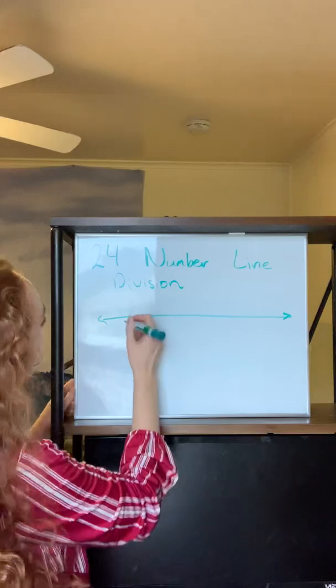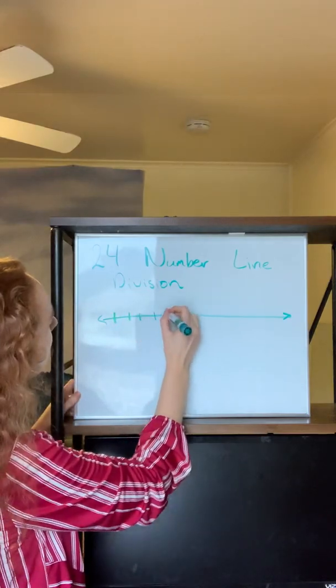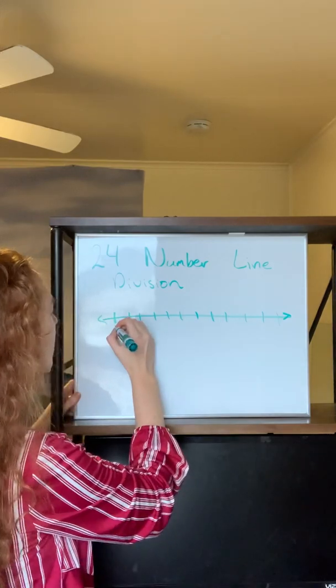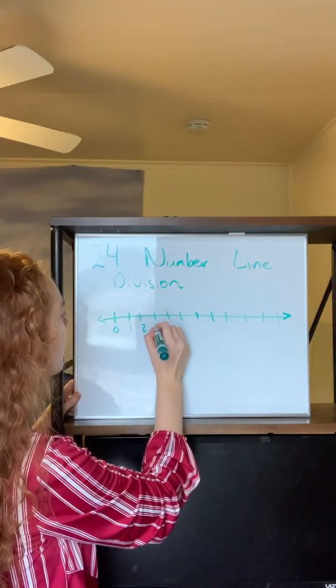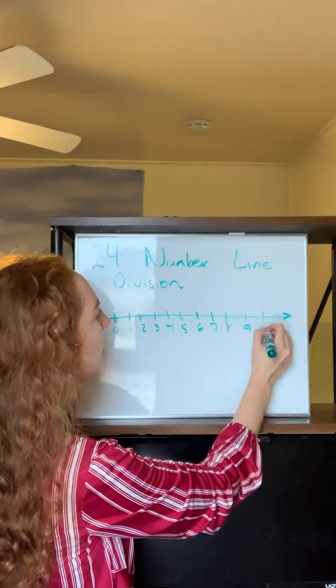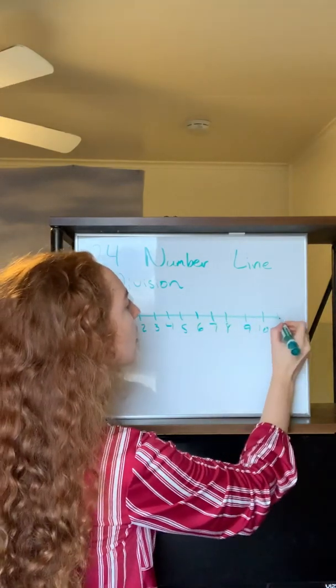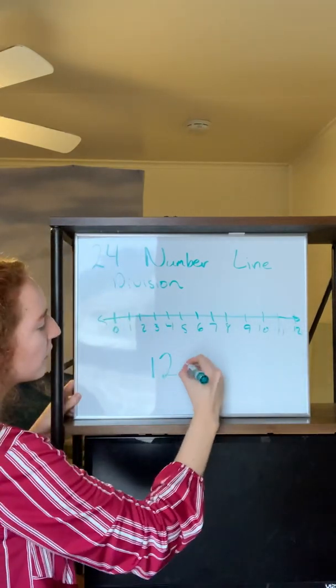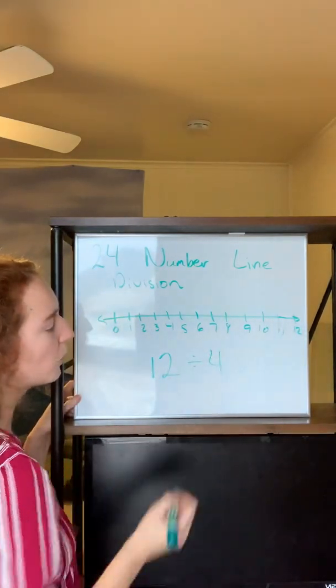Okay, so let's say zero, 1, 2, 3, 4, 5, 6, 7, 8, 9, 10, 11, 12. Let's say with 12, I wanted to know how many groups of 4 were in 12.